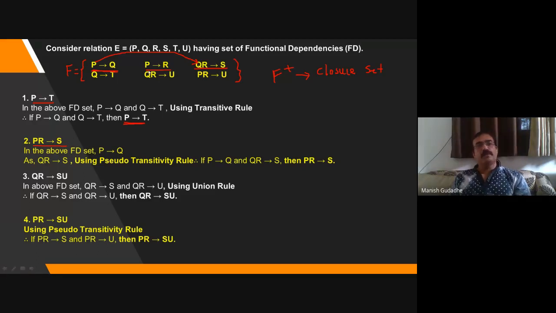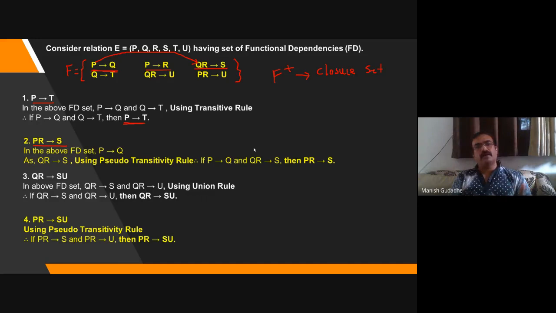P determines Q, P determines R, hence P determines QR is also possible. So we can have a number of FDs in this closure set, but you need to analyze every now and then, and every inference rule can infer more FDs. So it's a very lengthy process, and we are not going to do that always.